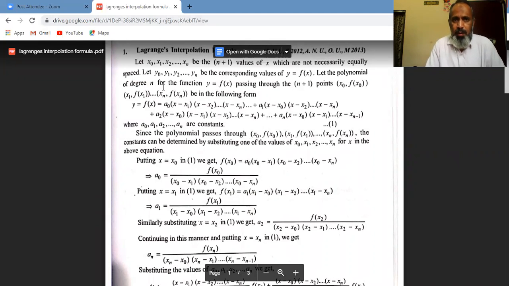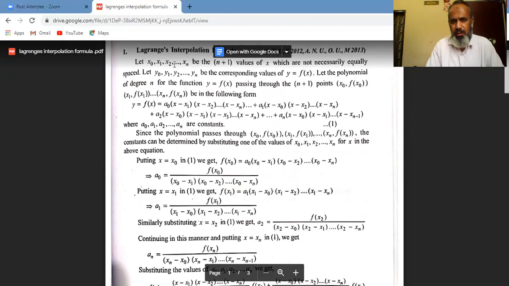So let x0, x1, x2, xn, these are the x values, be the n plus 1 values of x. Because we are starting from x0 and ending at xn, so x1, x2, x3, xn are n values, and starting from x0 to xn it becomes n plus 1 values of x, which are not necessarily equally spaced.